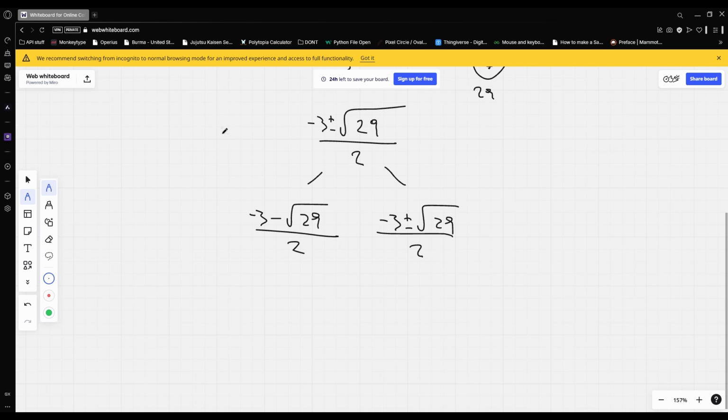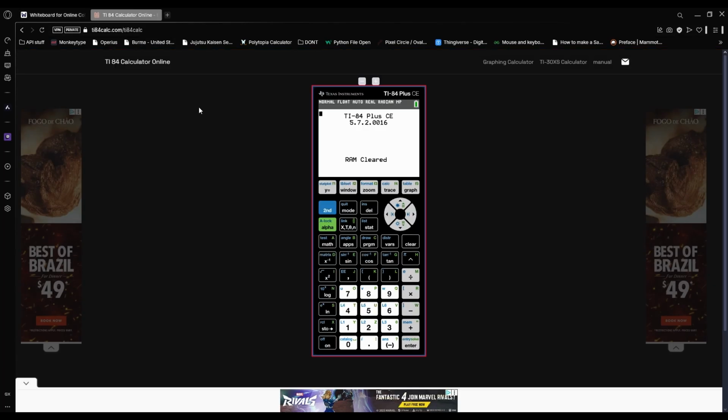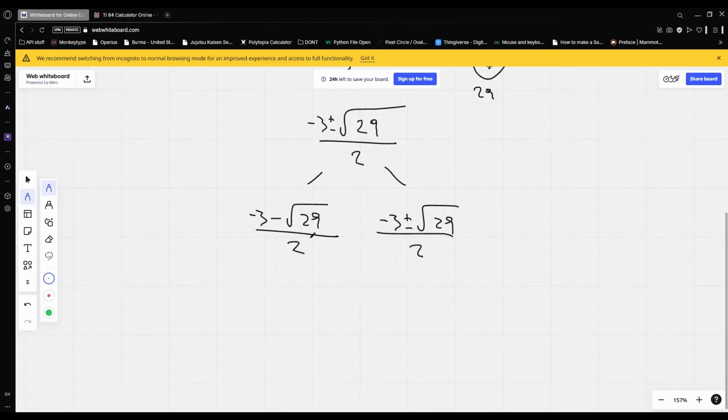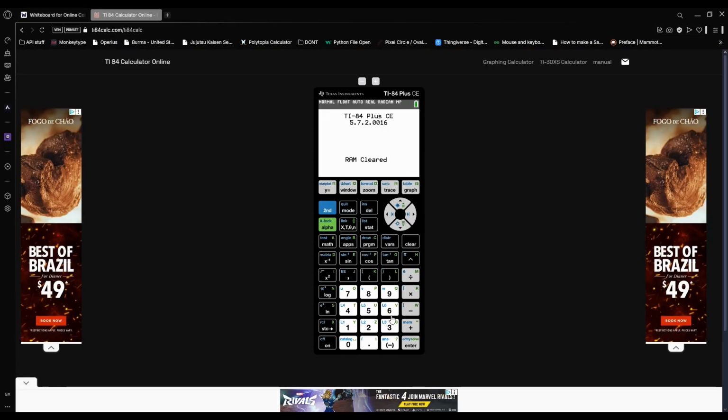So this is where you get your handy dandy calculator out. Sorry, I had to find the link again. So we get our calculator and then we calculate. So negative 3 minus the square root of 29 over 2. I'm going to put parentheses on this because I don't want any order of operation issues.